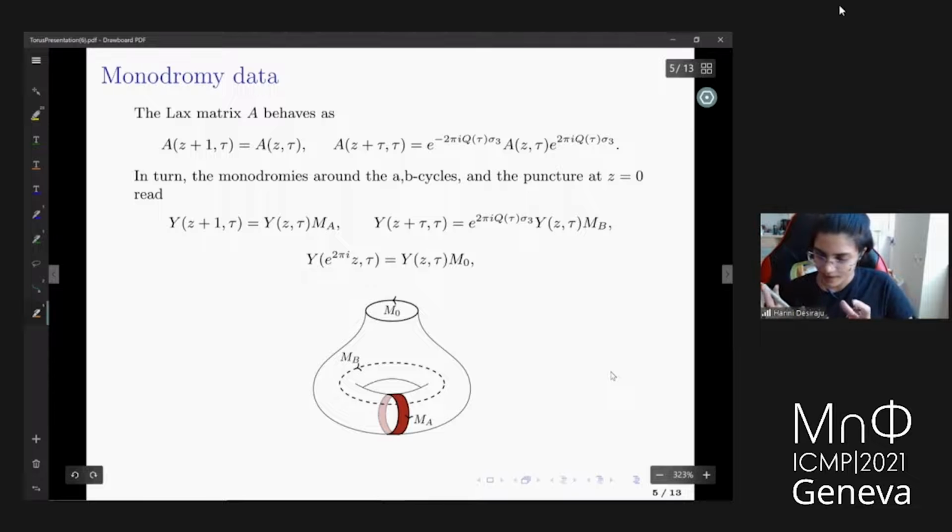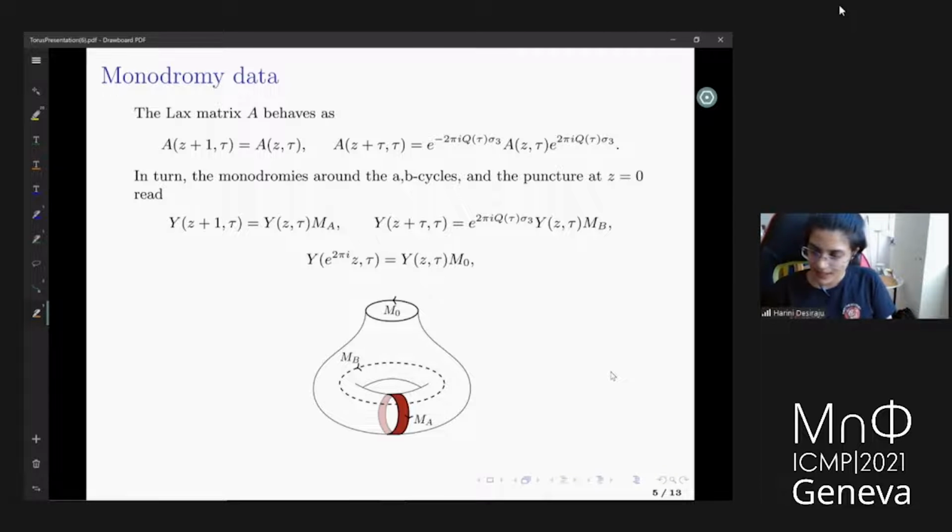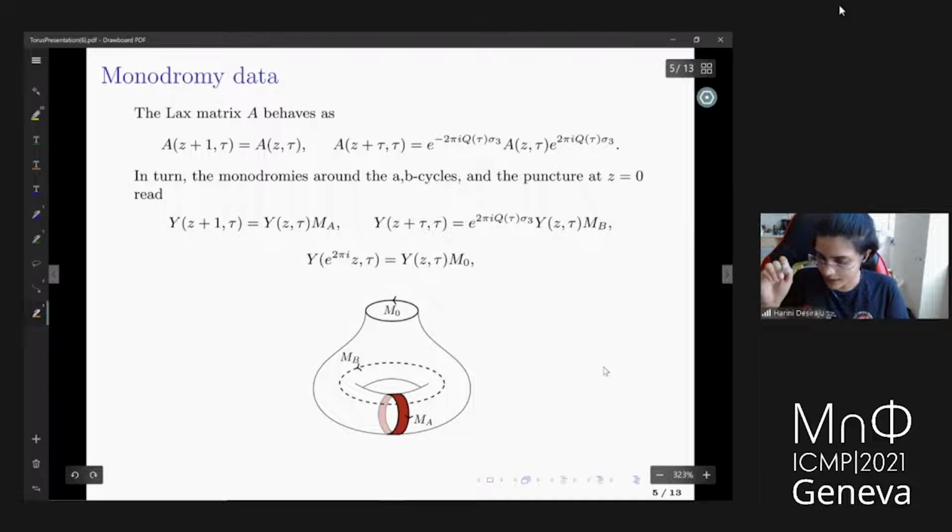Okay, now I'll switch gears and I'll show you the construction of the determinant. The first observation is that the Lax matrix is multi-valued. So when you translate z by tau, it comes in with this extra factor conjugated. What does this mean? It means the following.